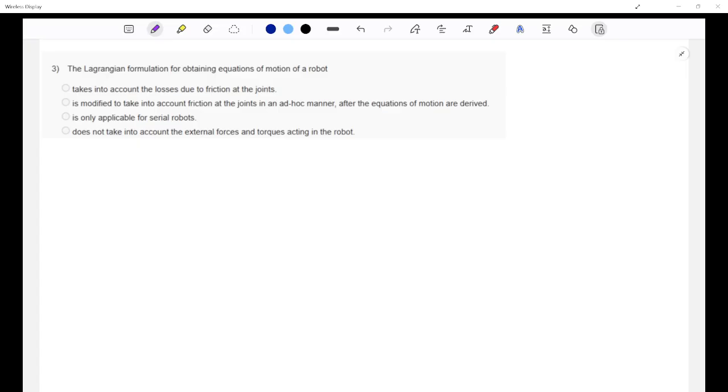So the formulation that we had, in which d by dt of dou L upon dou Qi dot minus dou L upon dou Qi is equal to tau i, does not inherently include friction.